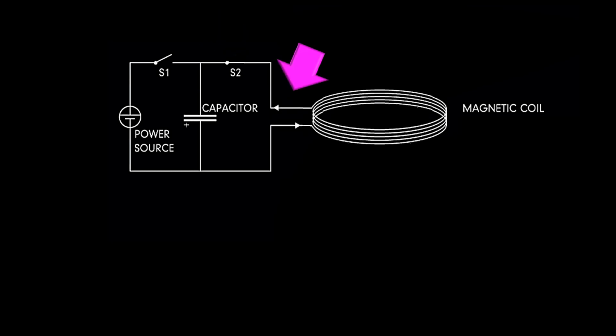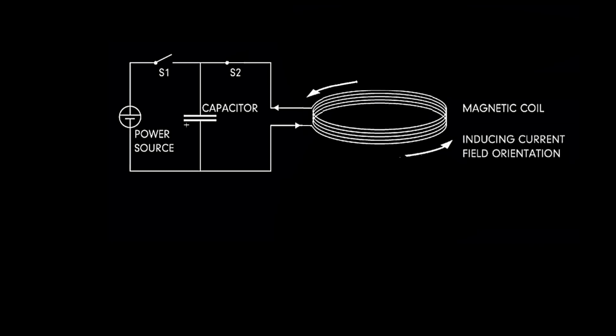When this second circuit is closed, current gets going in one direction and then returns in a different direction, looping around the magnetic coil. This current is called the inducing current.